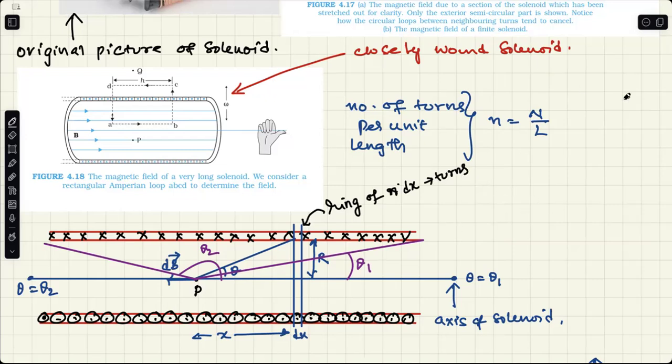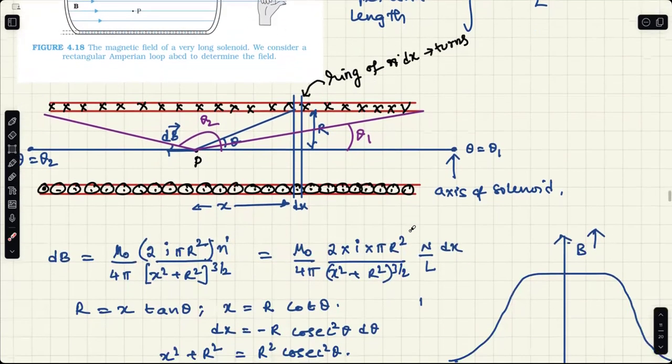Now the question is, what do you wish to express? I will take this entire portion as a ring.